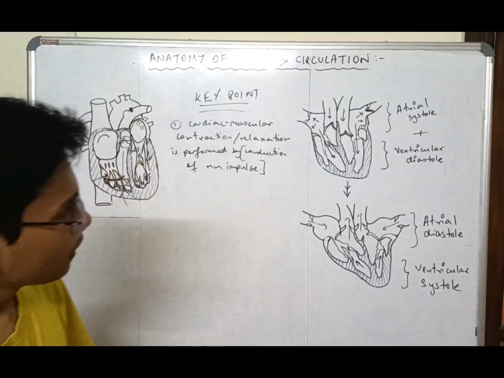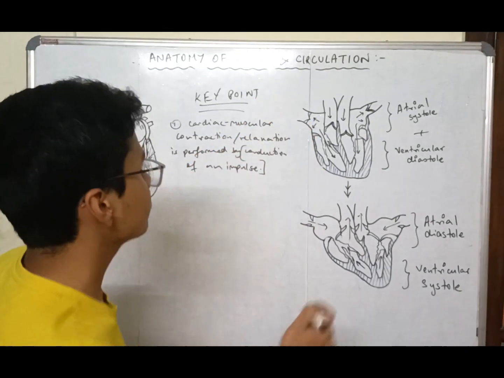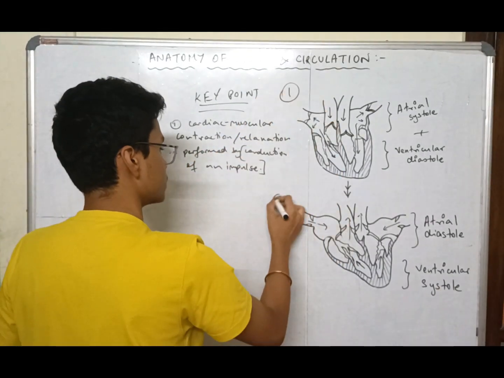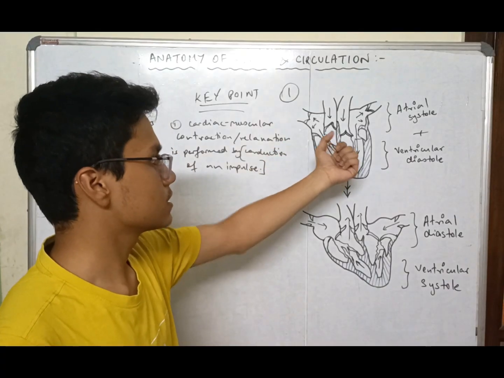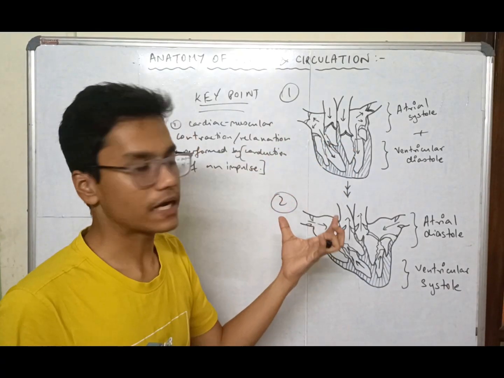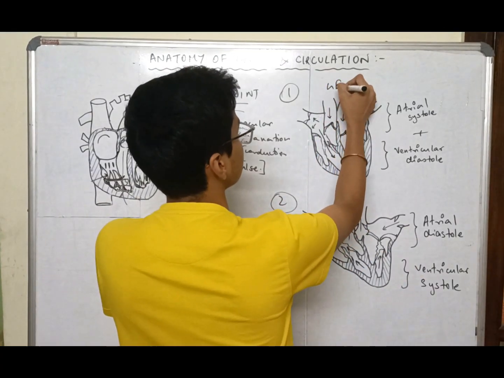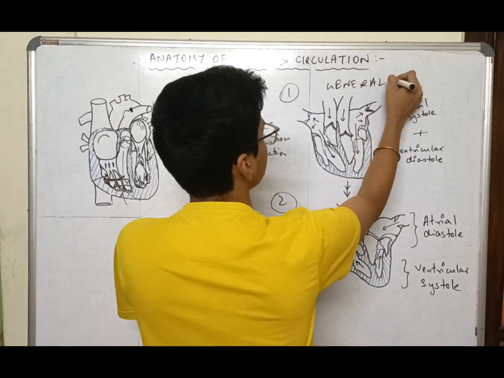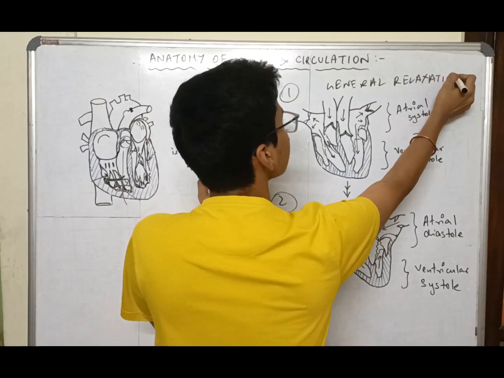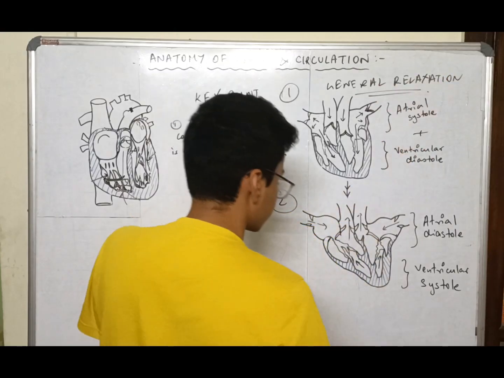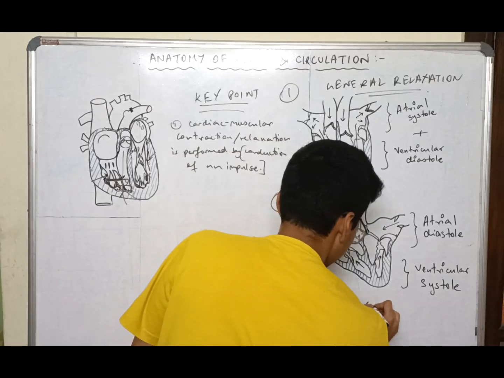Okay. Atrial systole, ventricular diastole. From the first case and case 2. From the first case, whenever the heart is in normal situation, that is in relaxation, let's just term it as general relaxation, and let's term the other as general contraction.